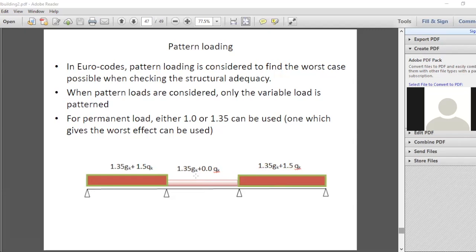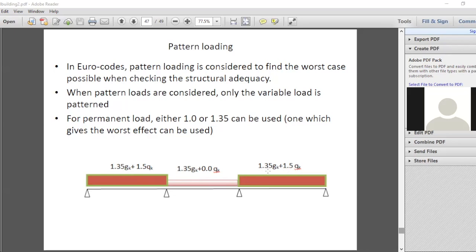So if you are considering the maximum dead load for one span, make sure you are considering the same maximum on every span. On the other hand, if you are going with 1.0 GK, make sure this is also 1.0 GK, this is also 1.0.